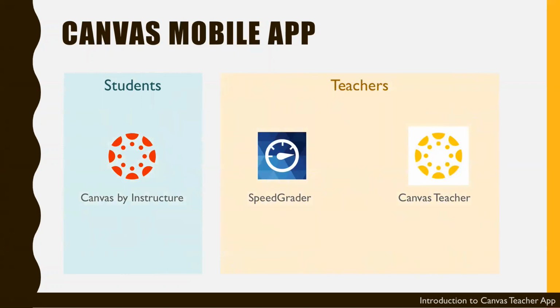And SpeedGrader and Canvas Teacher, these 2 apps are mainly designed for teachers who have access to facilitate, modify, and edit courses, such as you. But today we are not going to talk about any other apps. Our focus is going to be on the Canvas Teacher app.